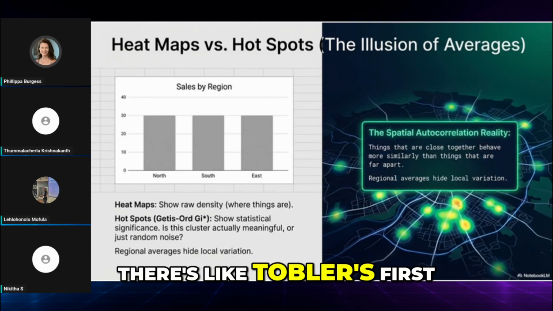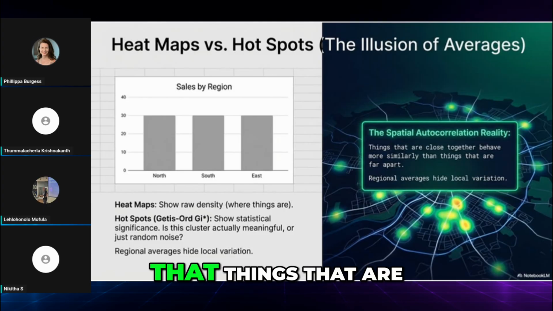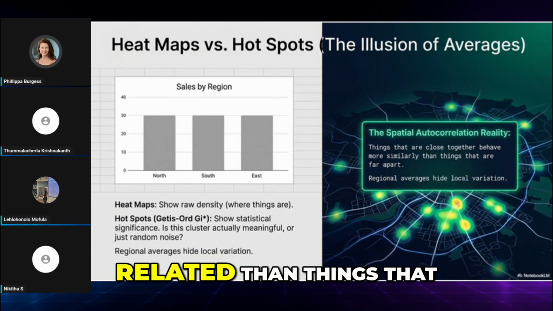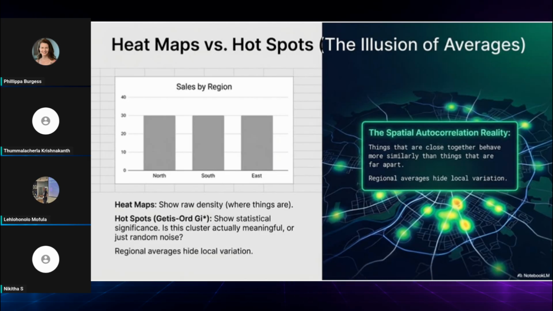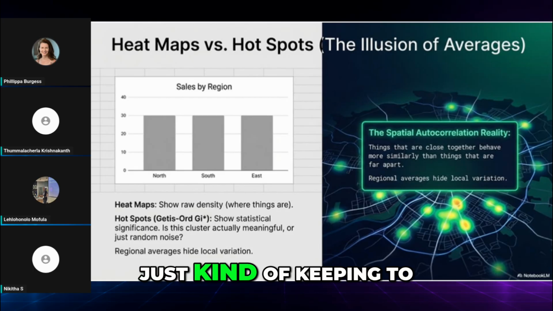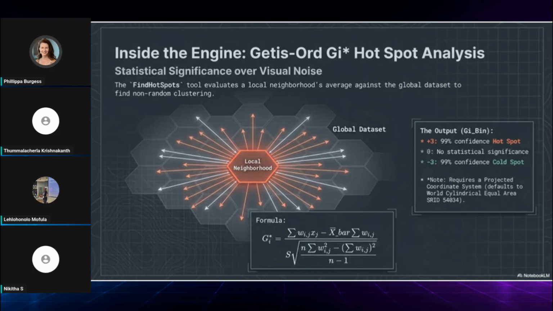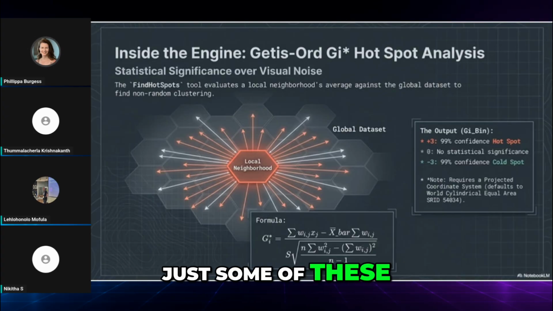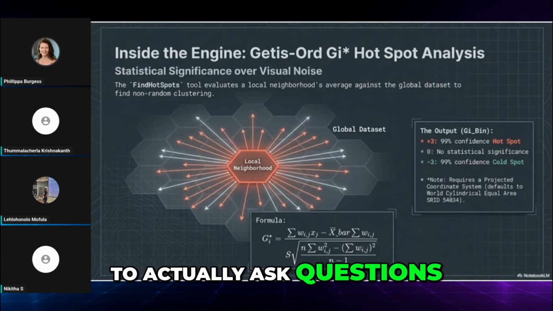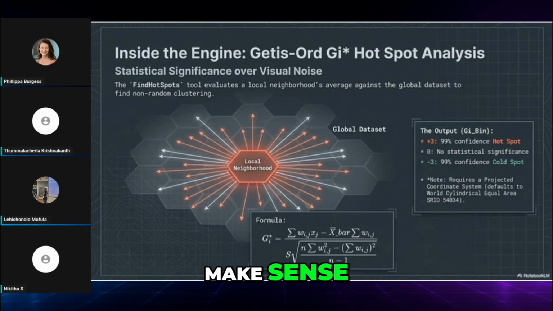There's Tobler's first law of geography, that things that are closer together are more related than things that are far apart. So it's about keeping in mind, when you look at location data, to actually ask questions like, does this make sense?